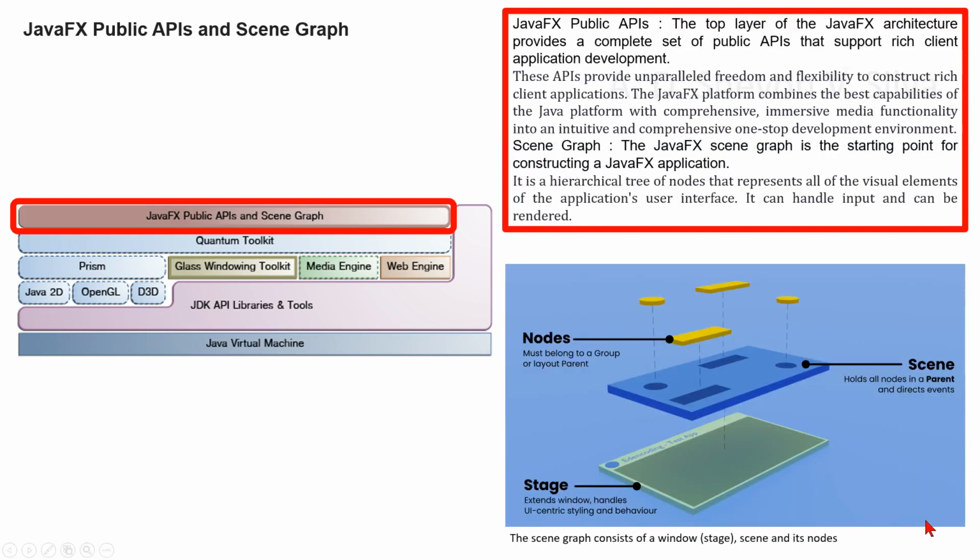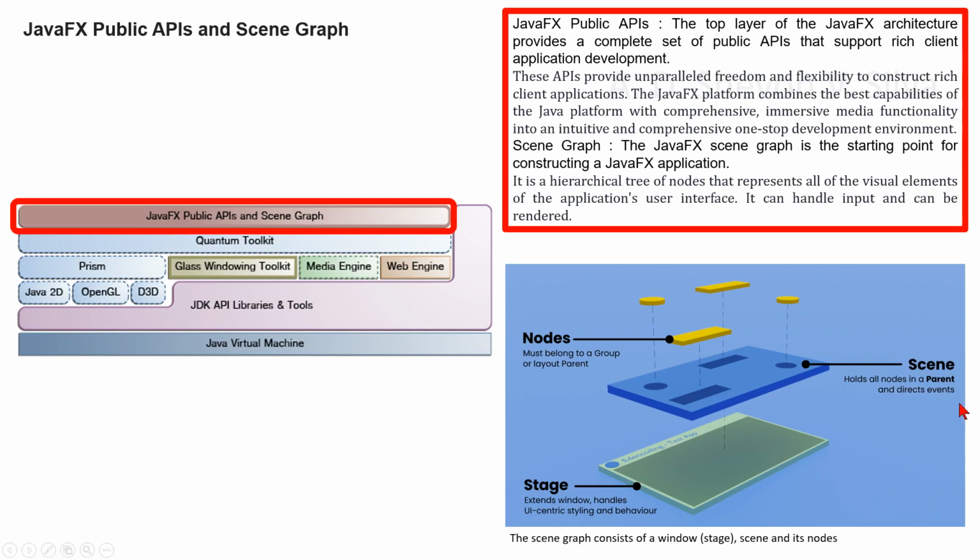Here you can see the scene graph consists of a window, stage, scene, and its nodes.